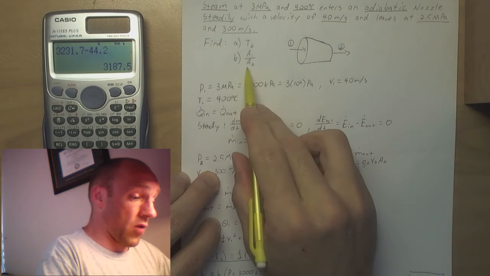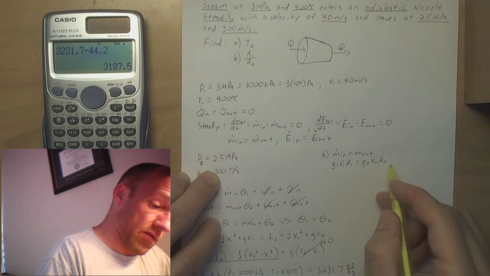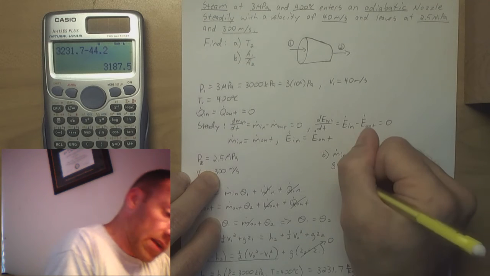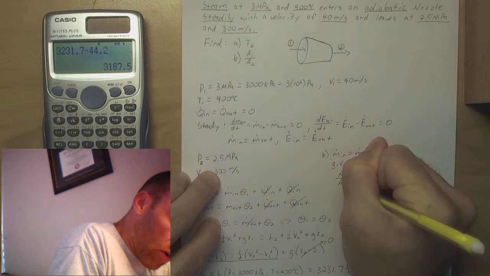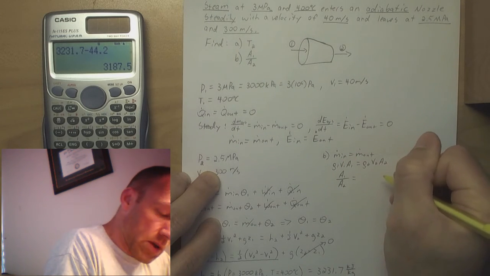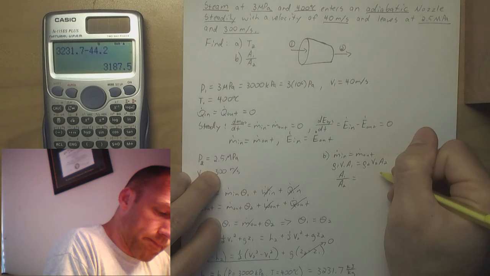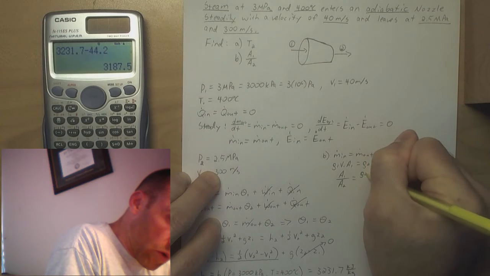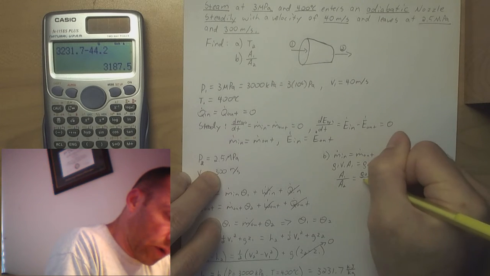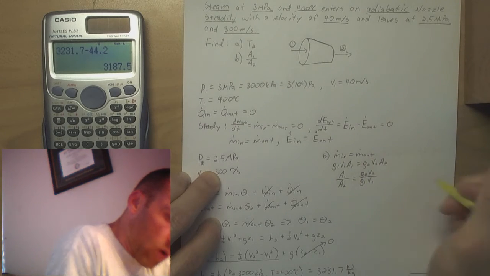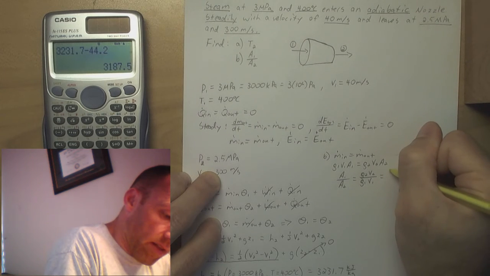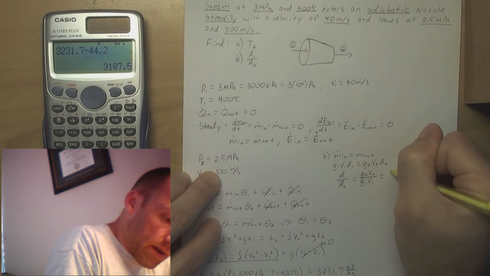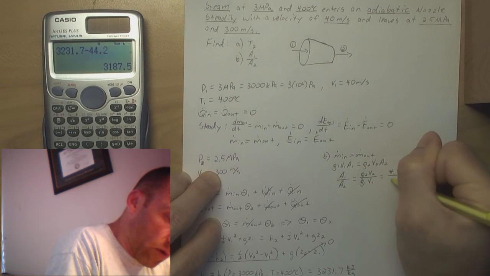And the question involves finding a1 over a2, so I can just simplify for that. So a1 over a2 is equal to rho 2 v2 over rho 1 v1, which is the same as specific volume 1 v2 over specific volume 2 v1.